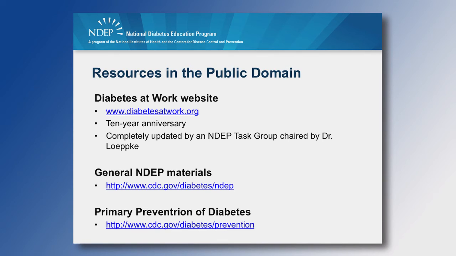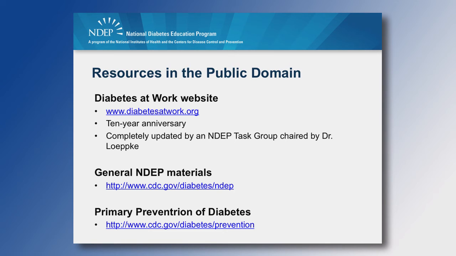The other is the general National Diabetes Education website, and you can find all types of materials from behavior change to nutrition. We have information for providers. We have all types of tear-off sheets to educate consumers about their eyes, their teeth, their feet, etc. So we really would love you to come visit.